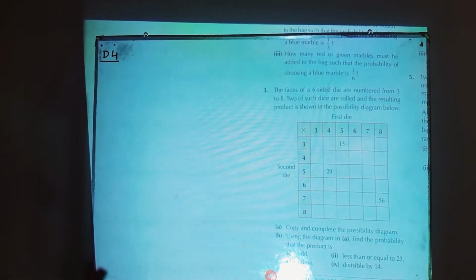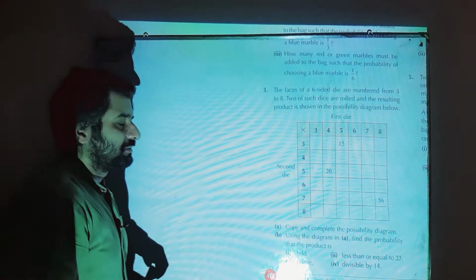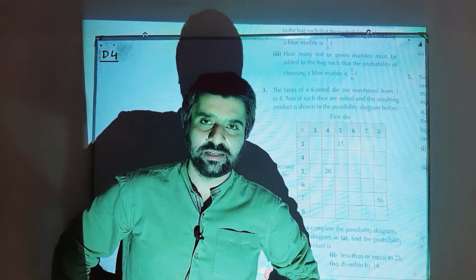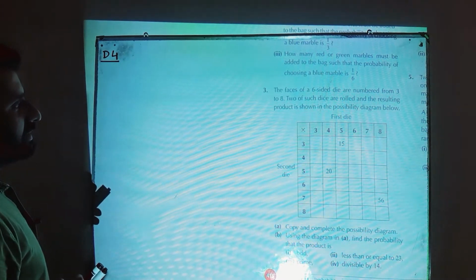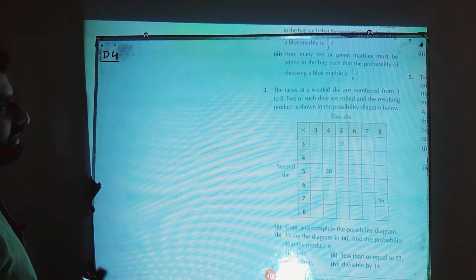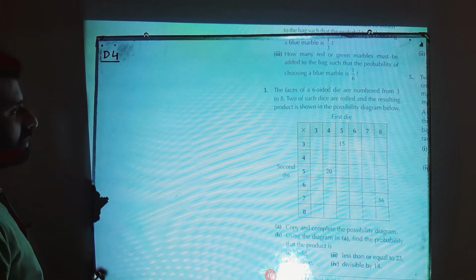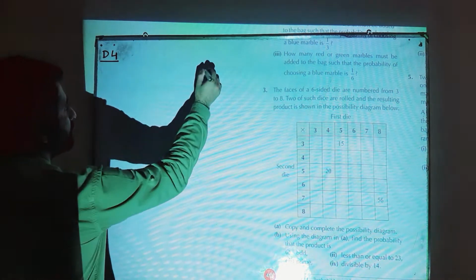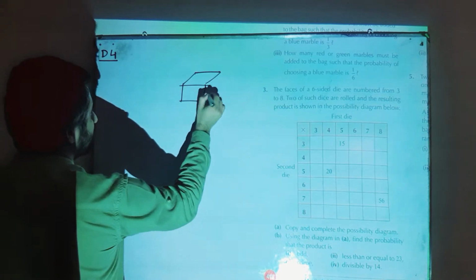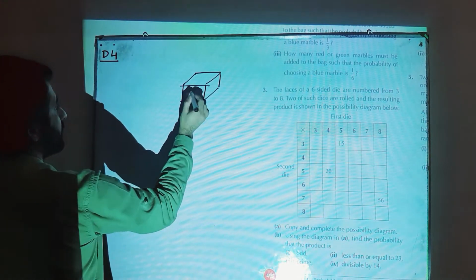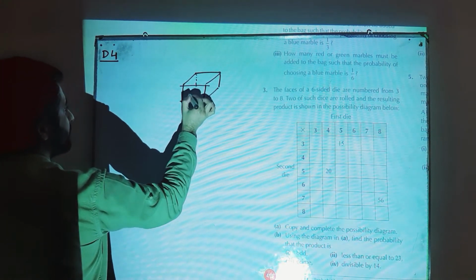Then we have question number 3 from the same exercise, revision 11a, and that is a possibility diagram. The faces of a 6-sided die are numbered from 3 to 8. So we have a dice something like this one, and you know that we have 6 faces in that case.